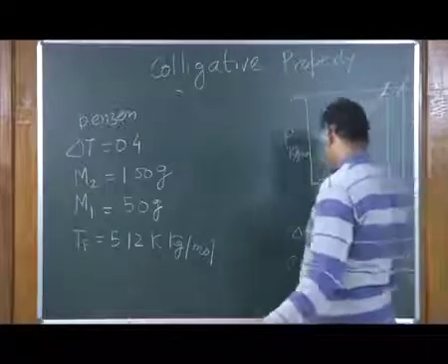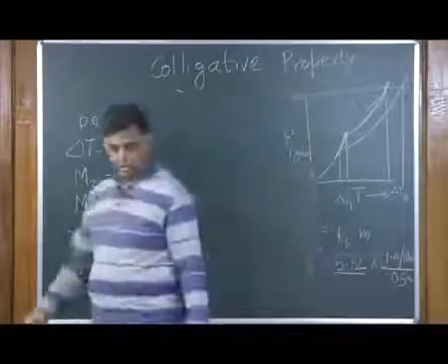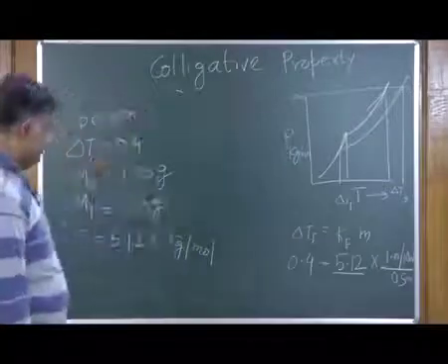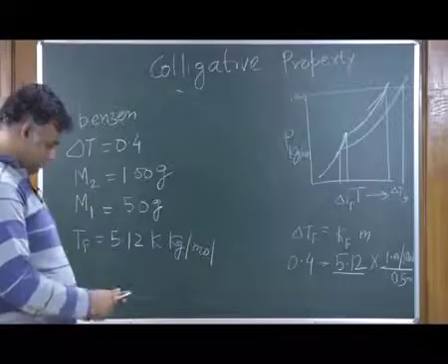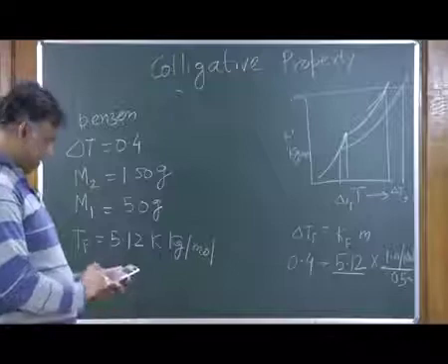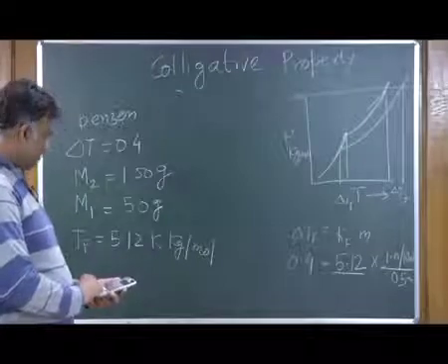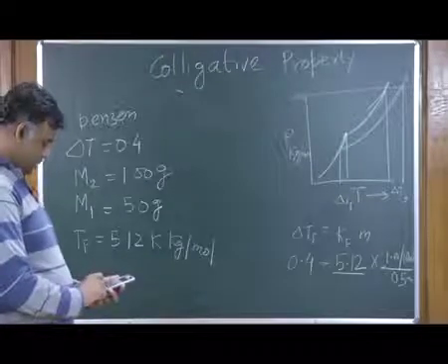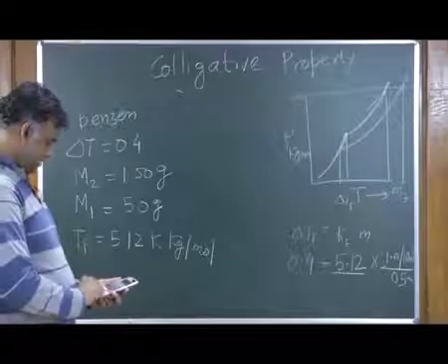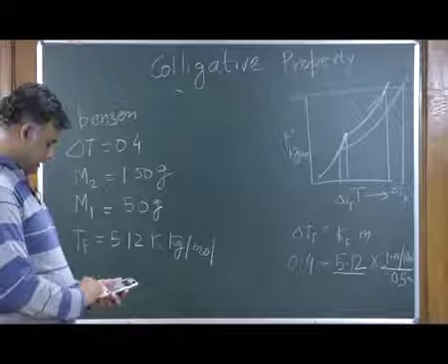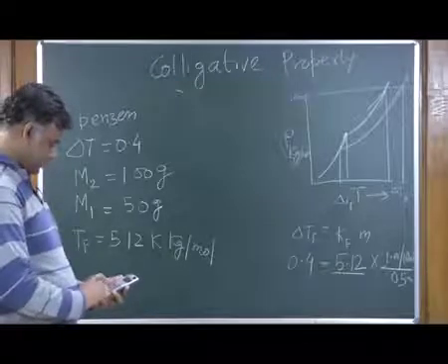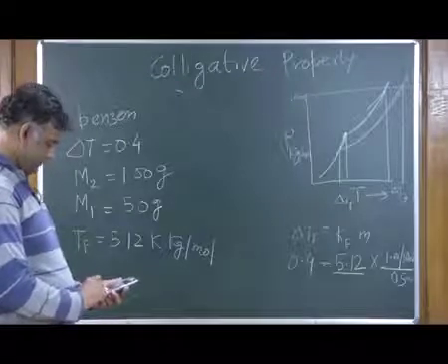So, we can use this relation right here and we can calculate the molecular weight. So, the molecular weight is going to be 5.12 divided by 0.05 divided by 0.4.